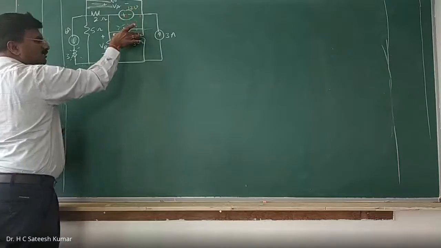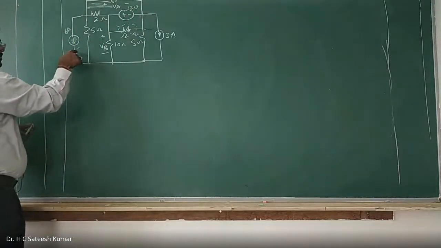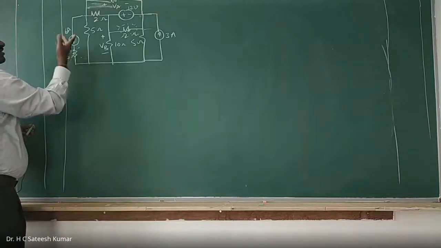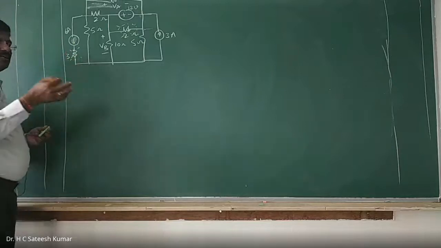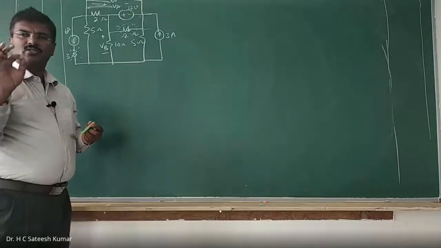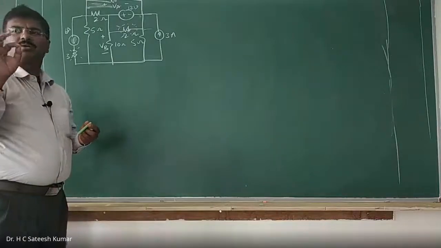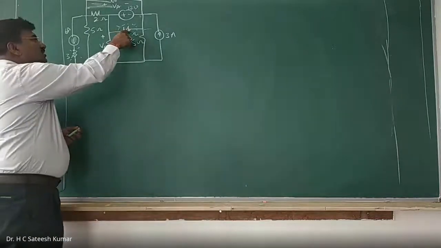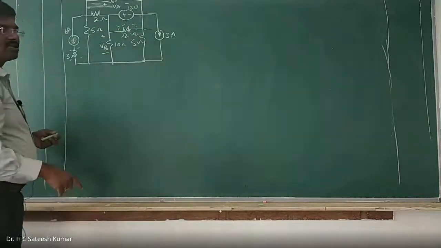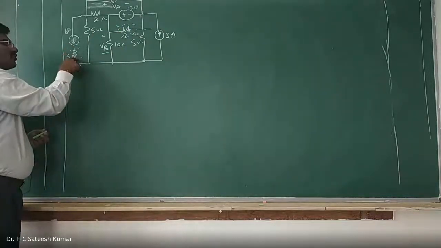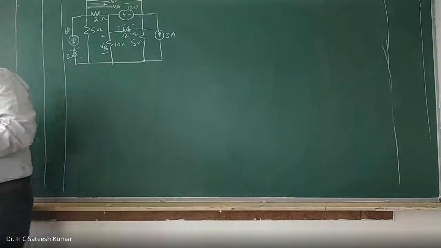Similarly, irrespective of the value of this resistance, the current flowing into it is 6 amps only. Therefore, there is no meaning in having the resistance. That's why any resistance in series with the current source and any resistance in parallel with the voltage source becomes redundant. The resistance parallel with the voltage source becomes open circuited, and the resistance in series with the current source becomes short circuited.